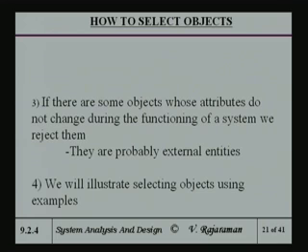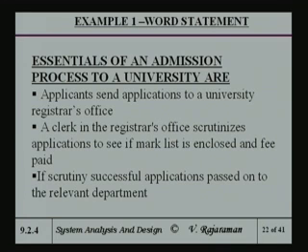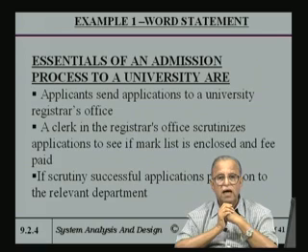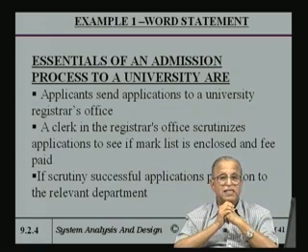So again, as I said, we will illustrate selecting objects from an example. I will take two examples. One example I am going to take is a process of admission in a university, and there is a set of system requirements specification, or you might say a set of rules.